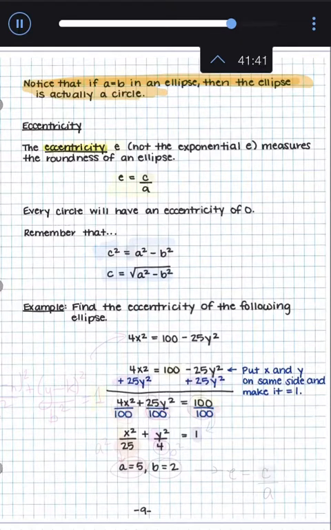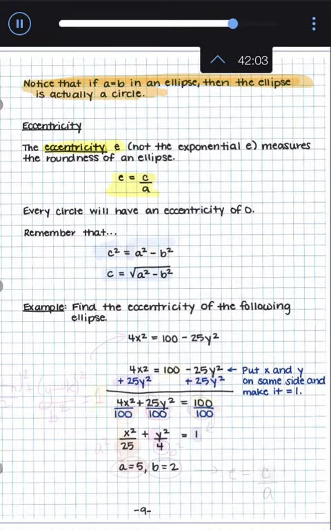Now, with ellipses, we have a special term. It's called the eccentricity. We use the letter E for eccentricity. And the formula for eccentricity of an ellipse is E equals C over A. And again, remember, A is the radius of the major axis.